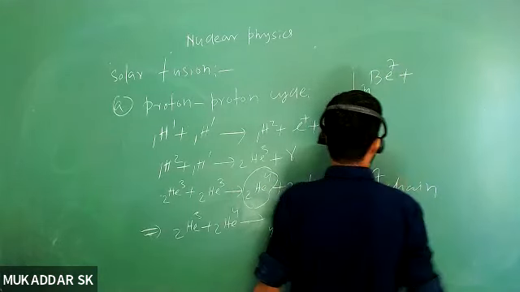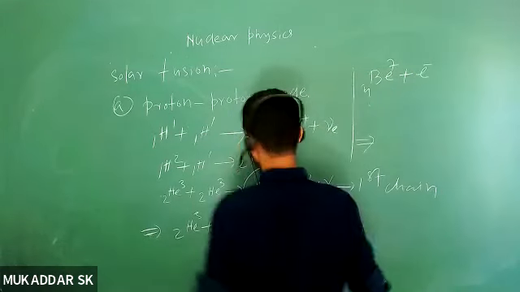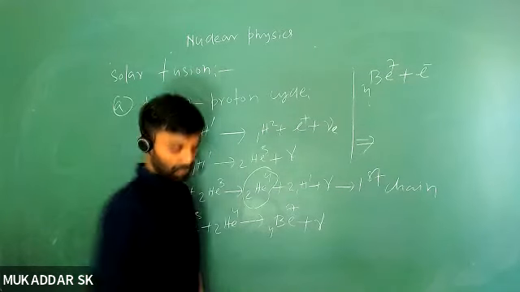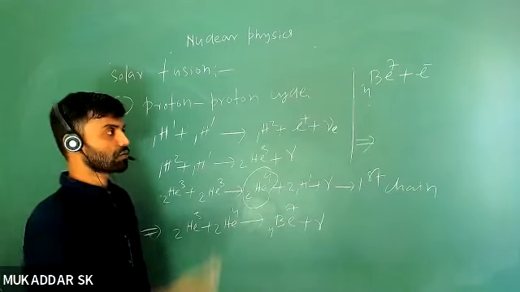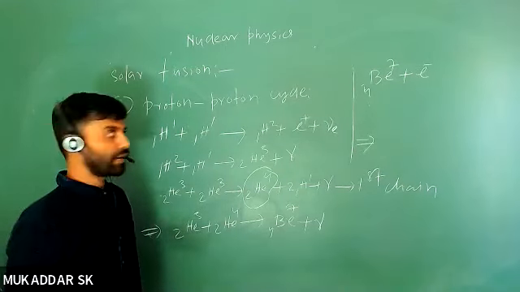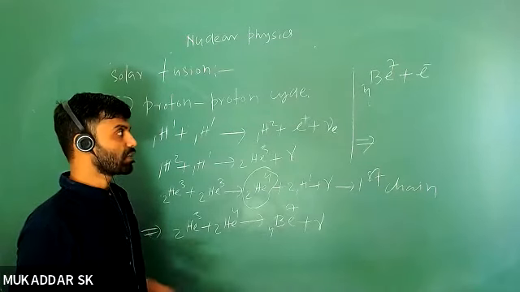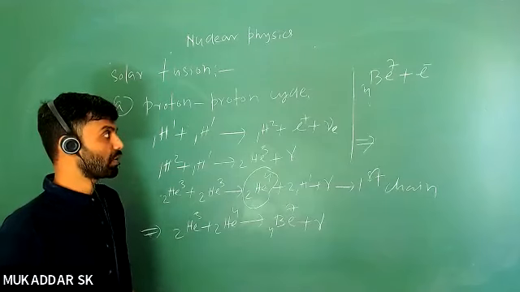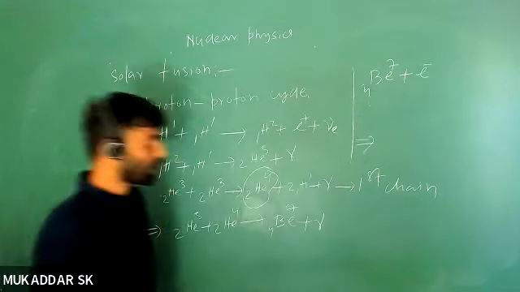It will absorb one electron, because inside that star there is a very large temperature, so there will be a huge number of electrons, created due to the heavy temperature. The star or sun is basically treated as a plasma, so there is a huge amount of electrons. So that beryllium will absorb this electron, and it will convert to what?